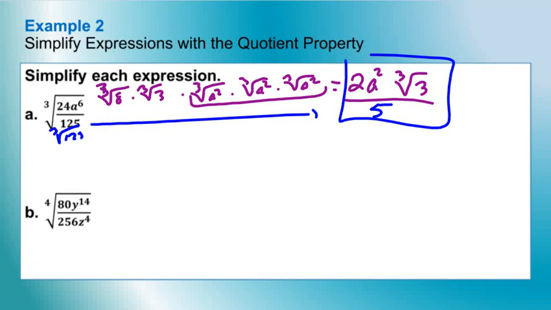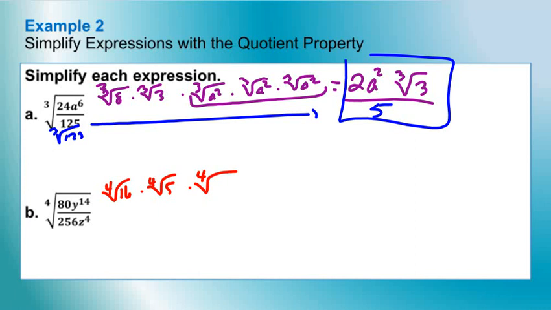Next, the fourth root of 80. So fourth root of numbers, so that would be 1 and then 2 to the fourth power is 16. So if I did 80 divided by 16, that gives me 5. So I can do the fourth root of 16 times the fourth root of 5, then times the fourth root of y to the 14th.